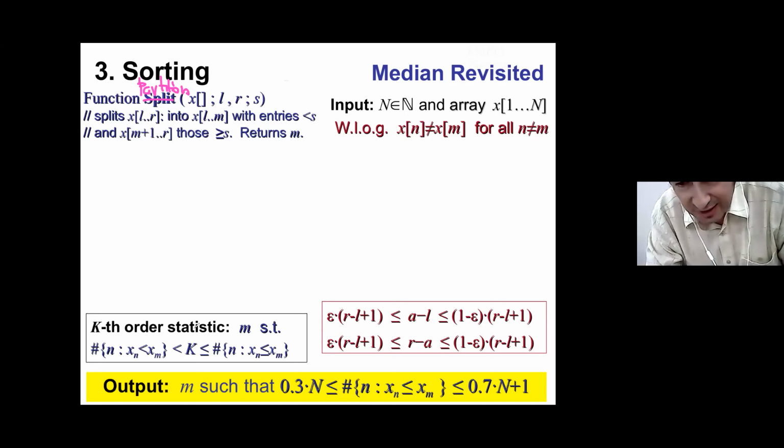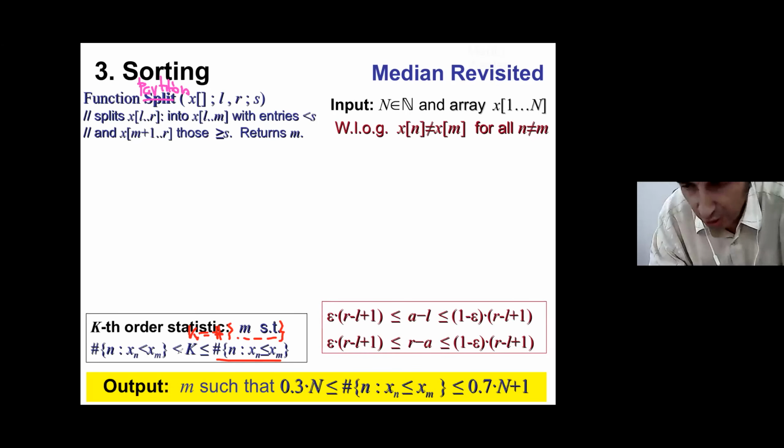You can simply write k is equal to the right set. Once you assume all the elements are distinct, then you do not need to write it in this complicated way. And it is helpful because later, when I use the order statistics, I really want to have a unique element output for every k.